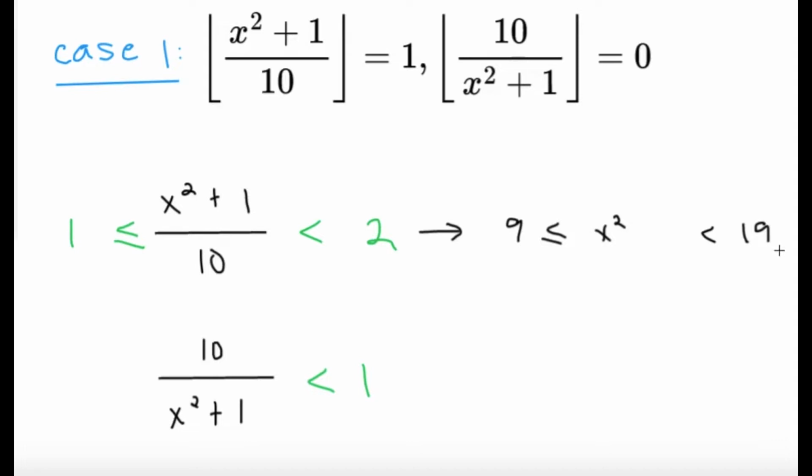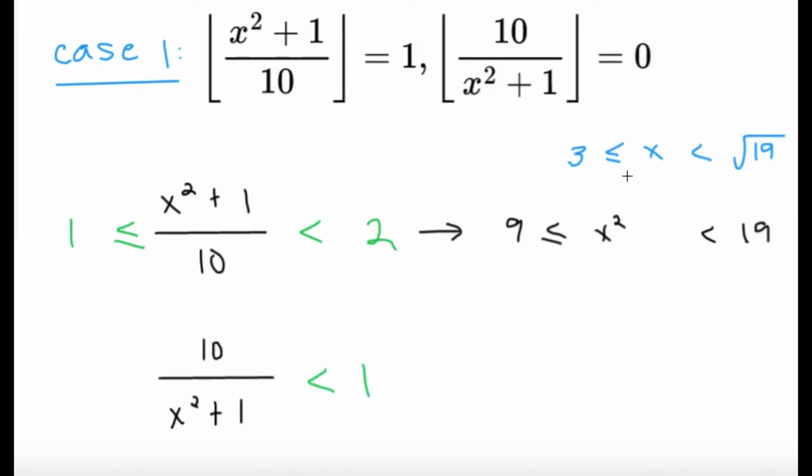Now we know that x squared should be greater than or equal to 9 and less than 19. Let's consider the positive one first. If I consider just the positive values of x, that's going to give me values of x from 3 to square root of 19. So x must be greater than or equal to 3 and less than square root of 19.